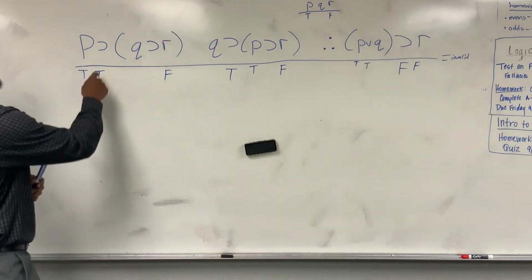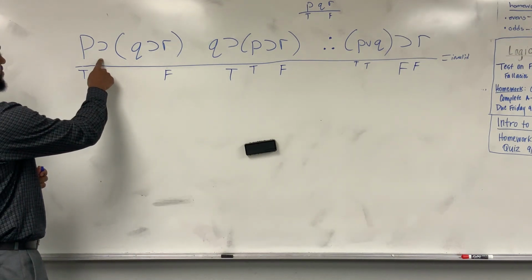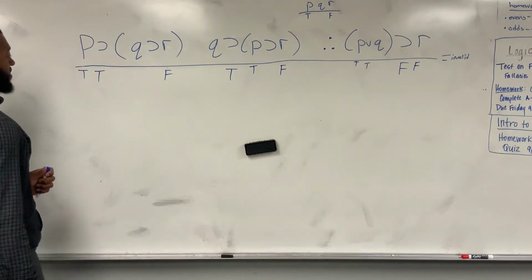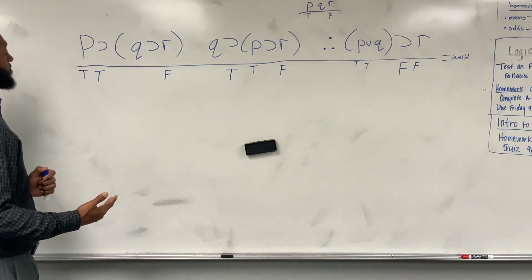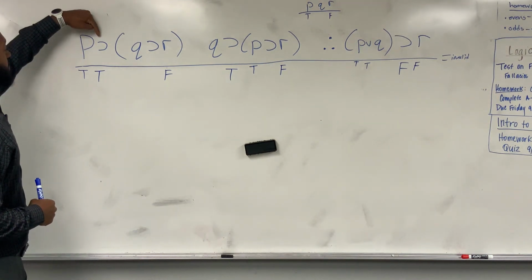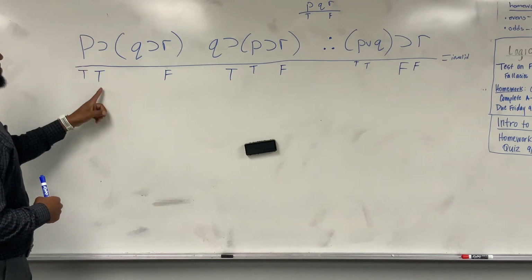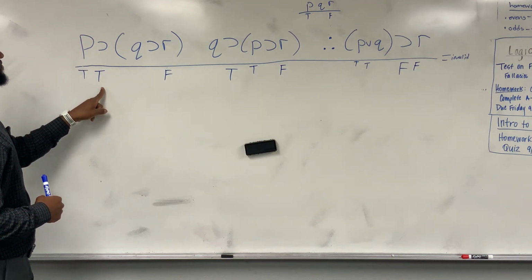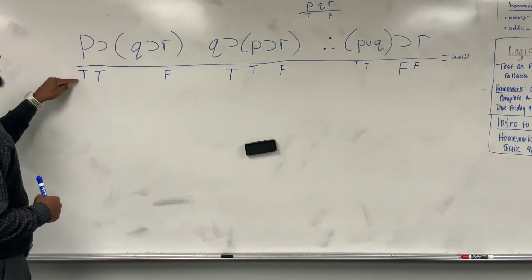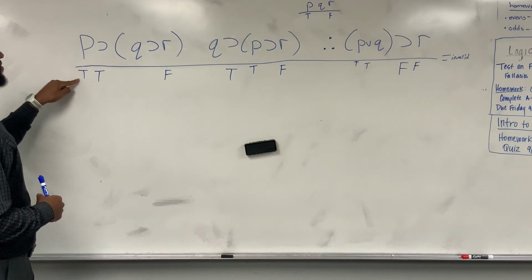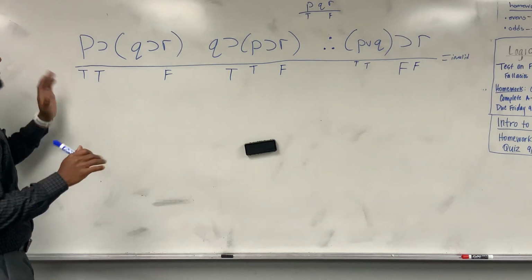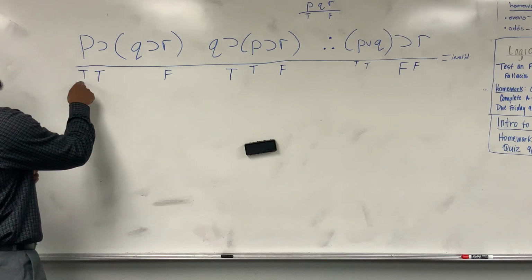So this, I think we found the contradiction already. My conditional says it's true. My antecedent is going to be true. Oh, maybe we didn't find it just yet. Antecedent is true.